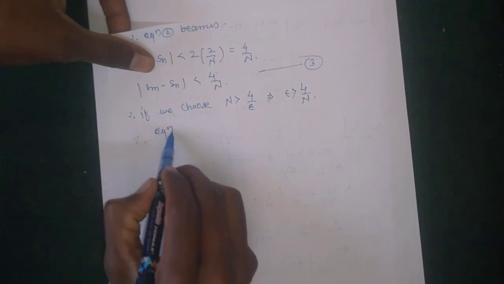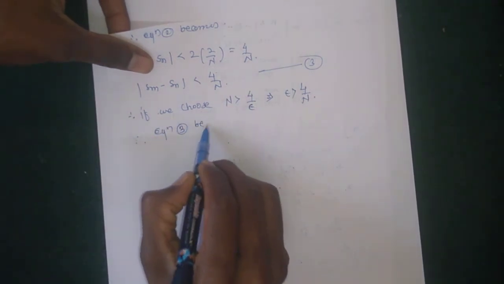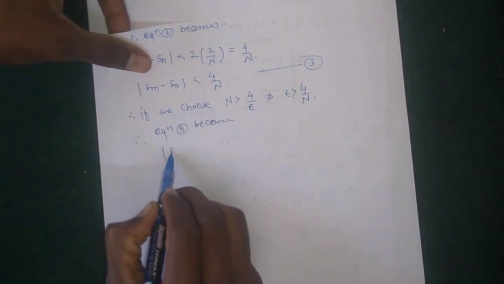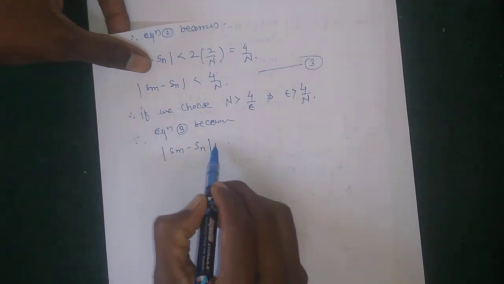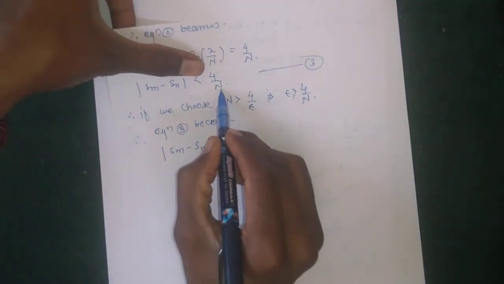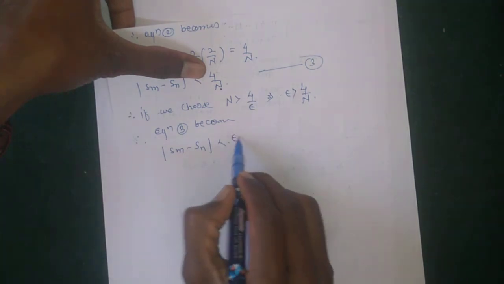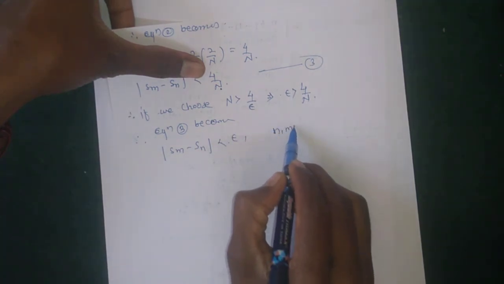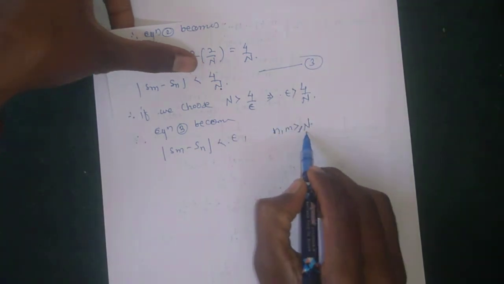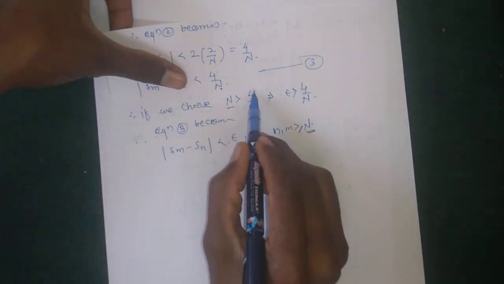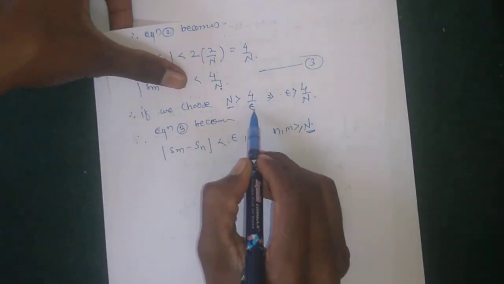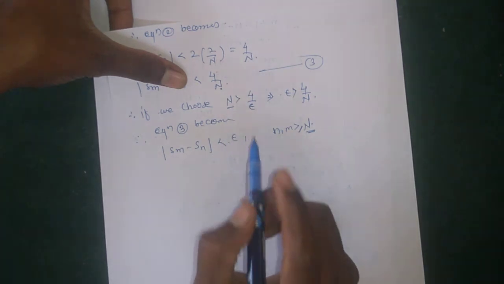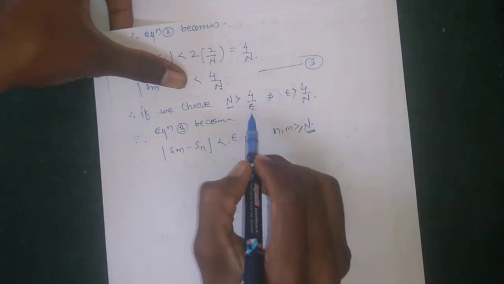Therefore equation 3 becomes |Sm - Sn| is less than 4 upon N, which is less than epsilon, for all m and n greater than or equal to the positive integer N. Since epsilon is positive, N must be chosen greater than 4 upon epsilon.